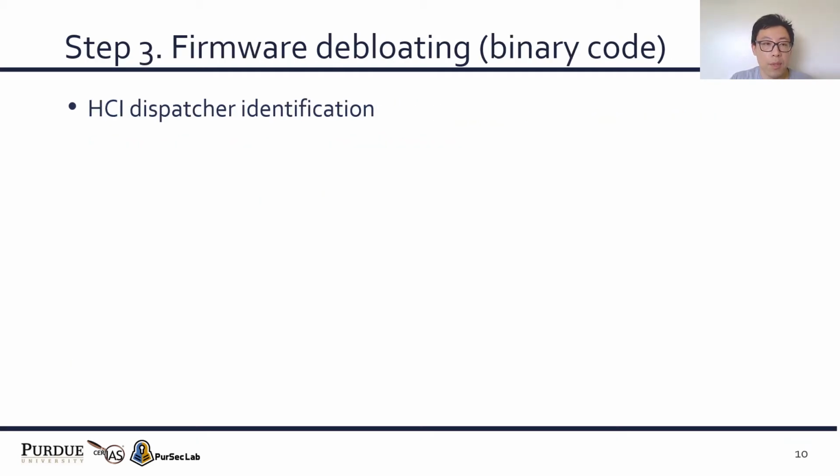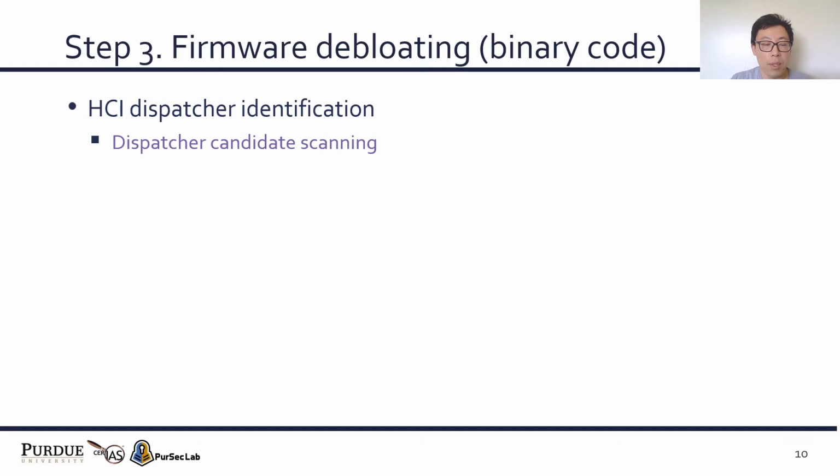When the firmware receives an HCI command from the host code, it first dispatches this HCI command to its corresponding HCI command handler, and then the handler handles this command. So the most important step is to identify the dispatcher function. The closed source nature of the firmware introduces unique challenges to the identification.